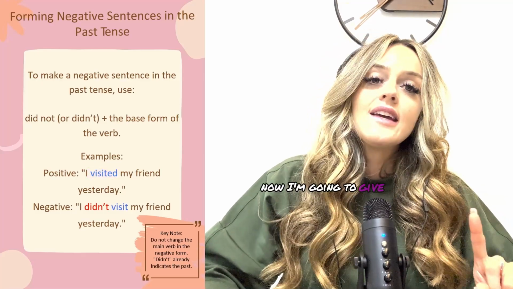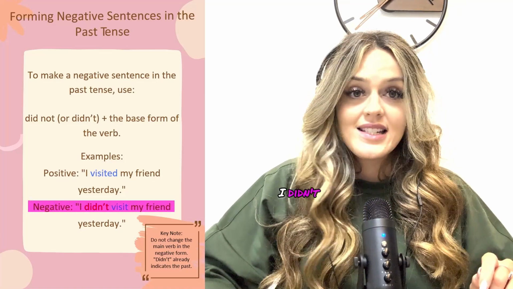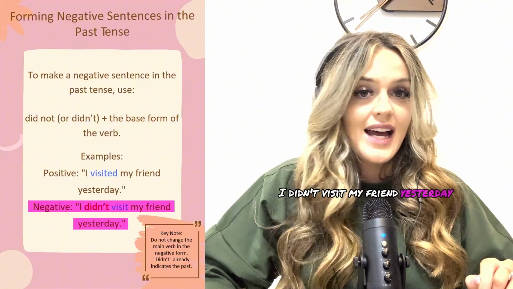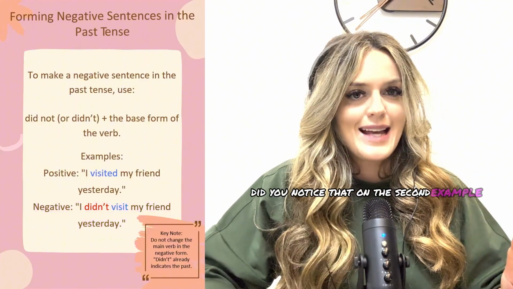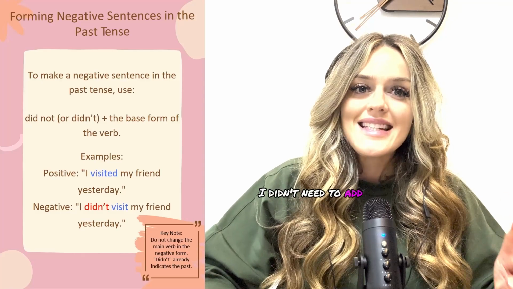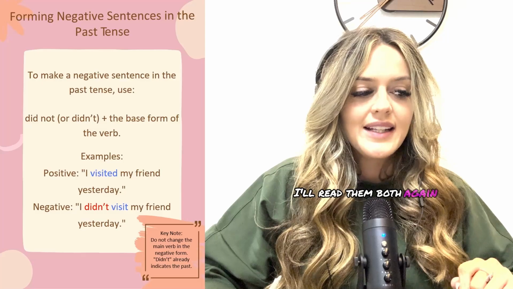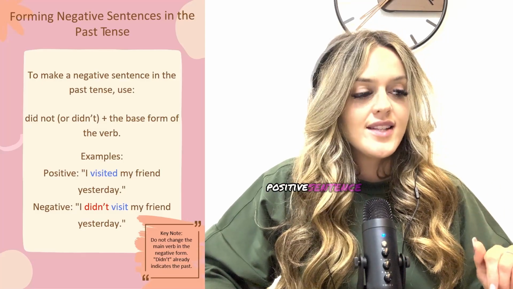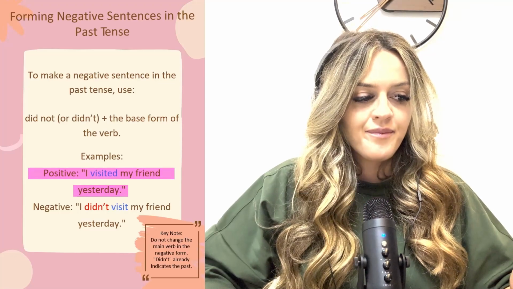Now I'm going to give you a negative sentence. I didn't visit my friend yesterday. Did you notice that on the second example, I didn't need to add ed on the verb visit? I'll read them both again. Positive sentence, I visited my friend yesterday.